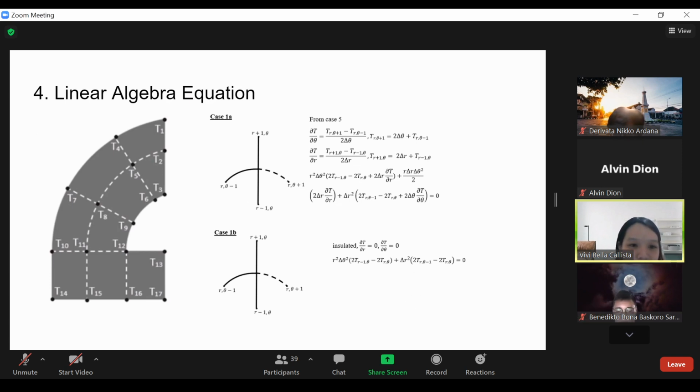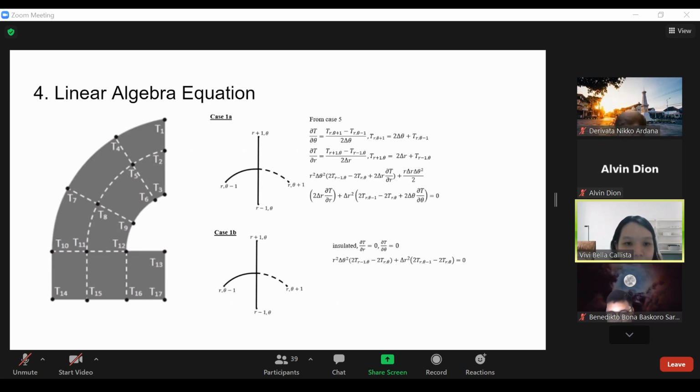So we take the calculation case 1a and case 1b, which we made ourselves. From the polar and Cartesian equations, we can derive it and we get the equation as in the slide.